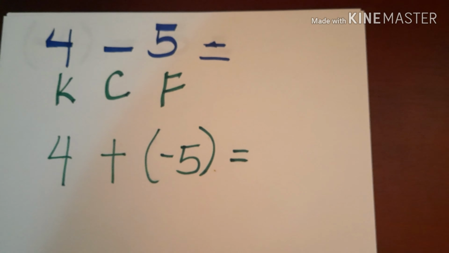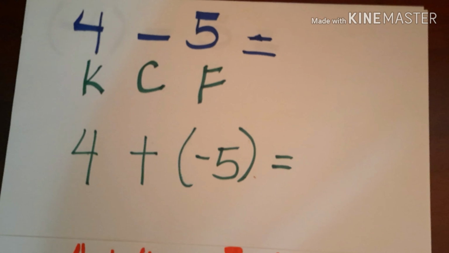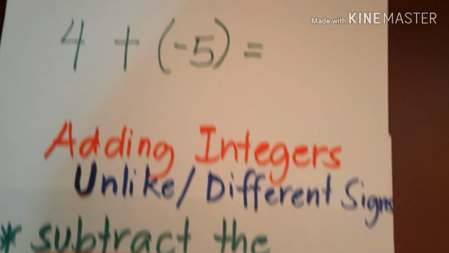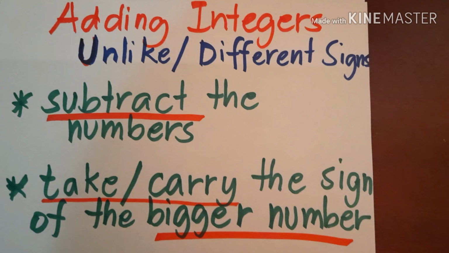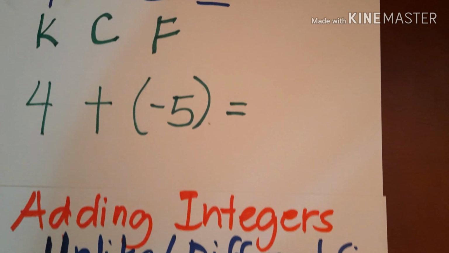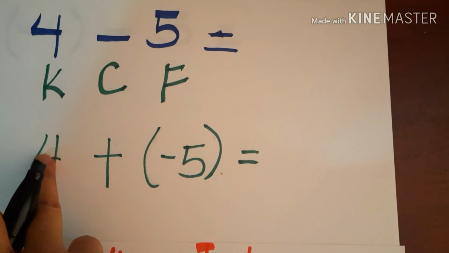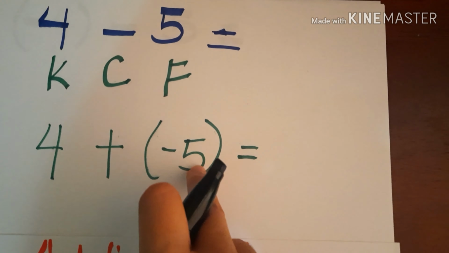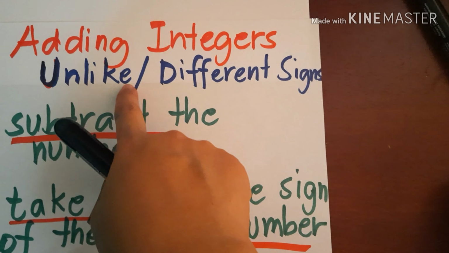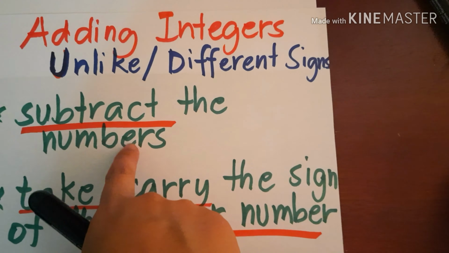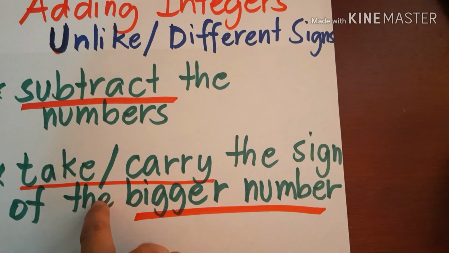Now apply the rules of addition. When I say apply the rules in addition, I'm referring to the steps that we had before in adding integers. And we know that these given here have 2 different signs, a +4 and a -5. Let's go back to that one really quick. When we add integers with different or unlike signs, all we have to do is subtract the numbers and carry the sign of the bigger number.